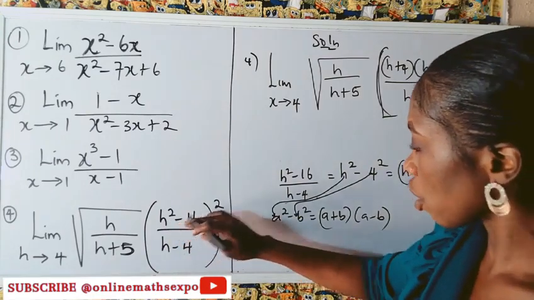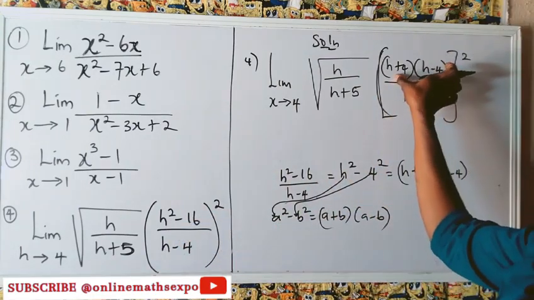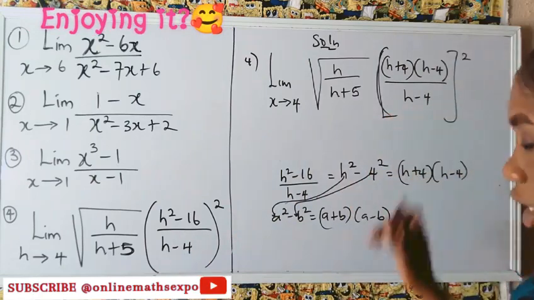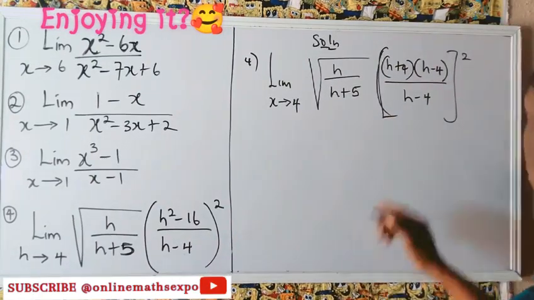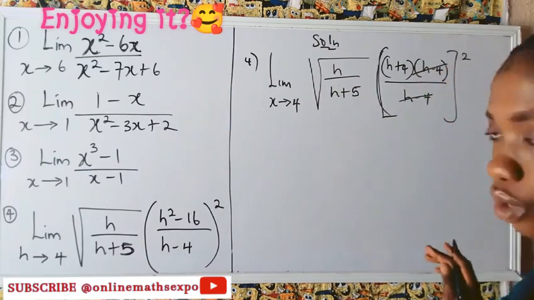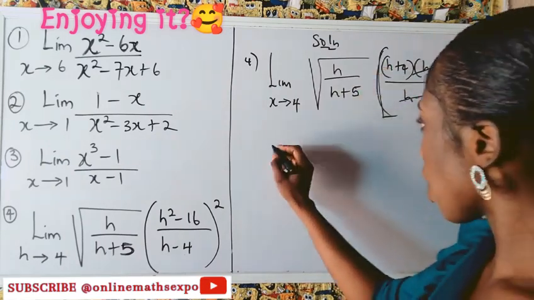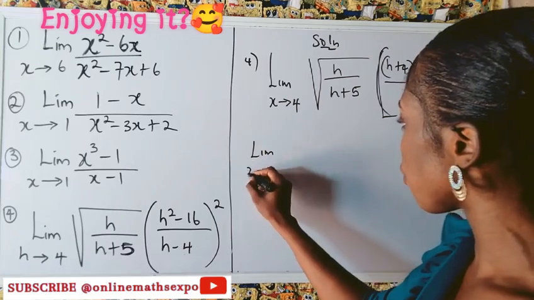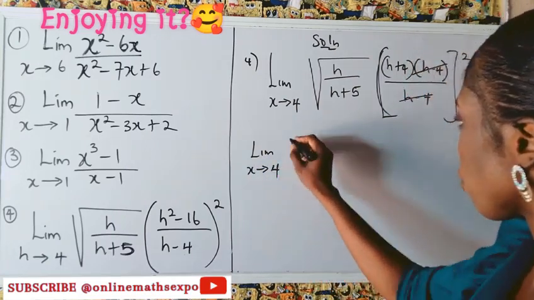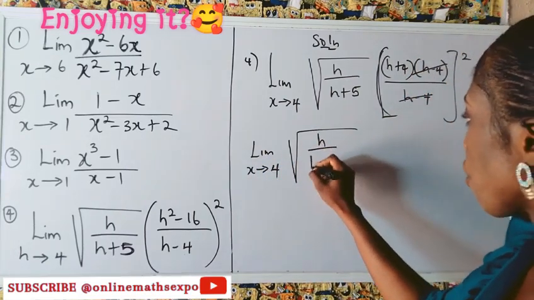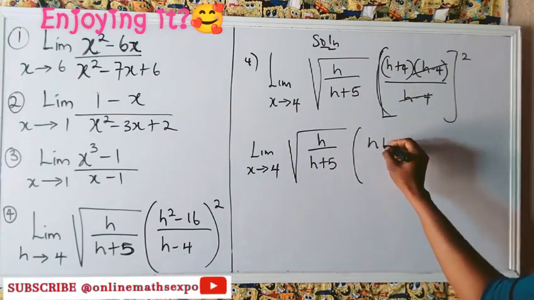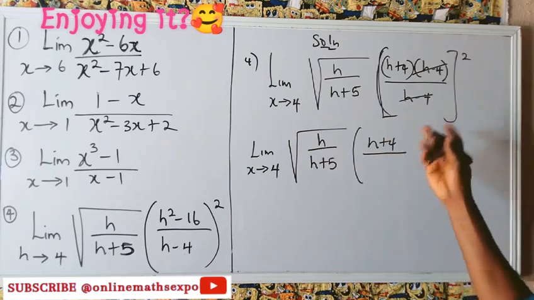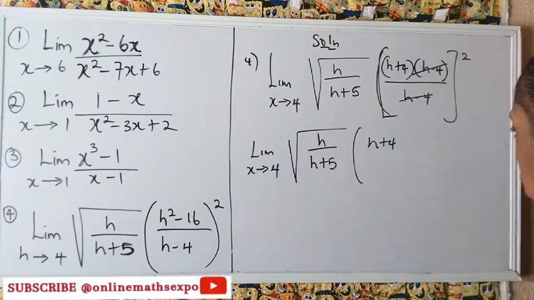For this numerator, look at what we have, then we have over h minus 4. So what do we do next? This can now cancel. So in that case, we are going to have the limit as h tends to 4 of the square root of h over h plus 5, into (h + 4); there is no over anymore, so all raised to the power of 2.